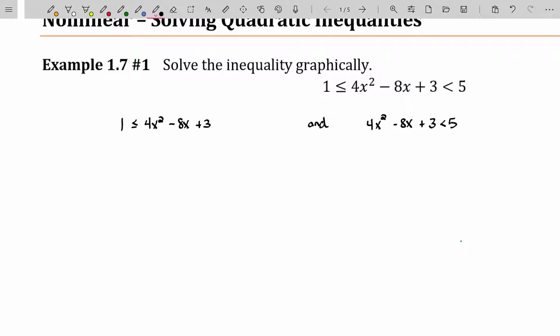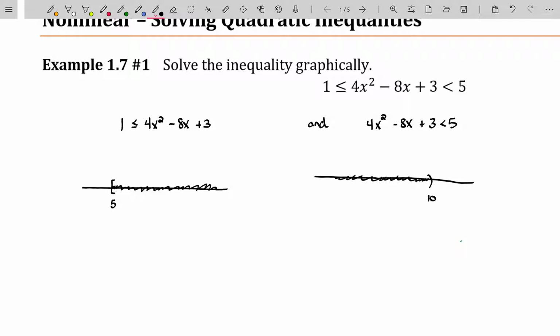Now let me say that again. You solve both of these separately, and let's just pretend for a second here that when you solve this first inequality, you get a solution set of x values that are, let's just pretend, strictly greater than some number. I don't really care what the number is. Let's say it's 5. And when you solve the second inequality, let's pretend that you get a series of numbers and they're all less than, again, let's just pretend, 10.